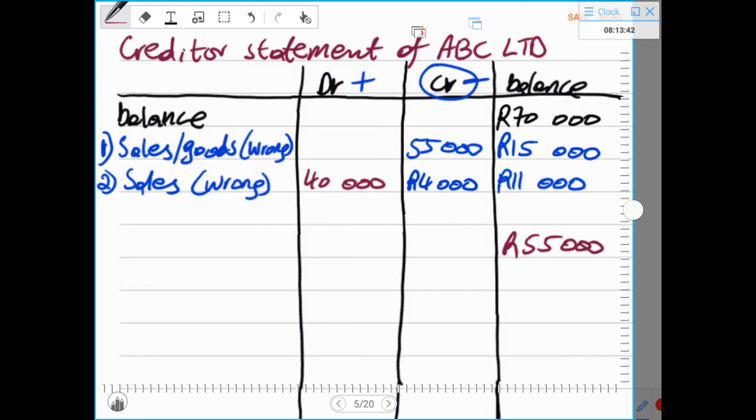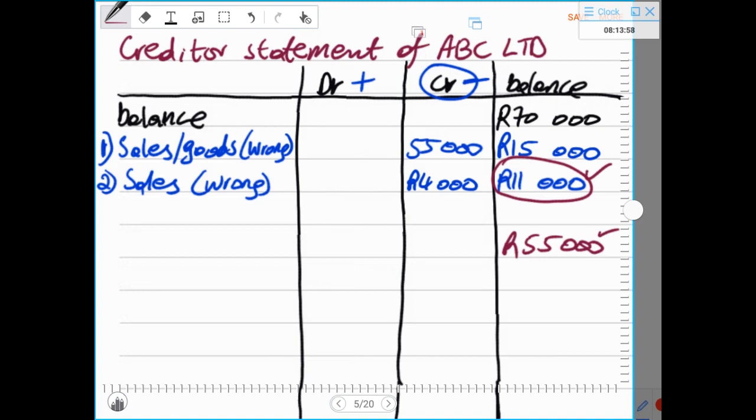But our balance came up to 11,000 instead of 55,000. So obviously our 11,000 balance is underestimated.